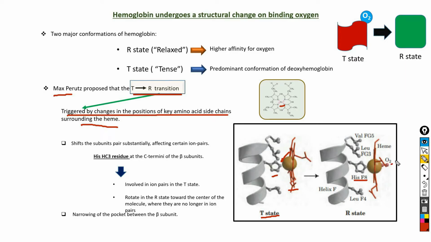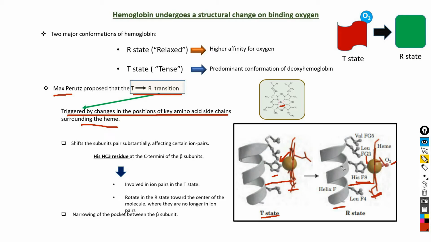The binding of O2 to heme iron causes the heme to assume a more planar conformation. And the planar conformation of heme shifts the position of the proximal His and the attached F helix. So in this figure you can compare the position of the proximal His and attached F helix in the R state with the T state.